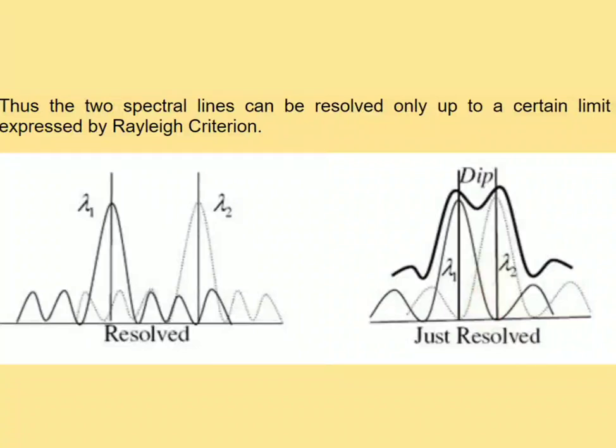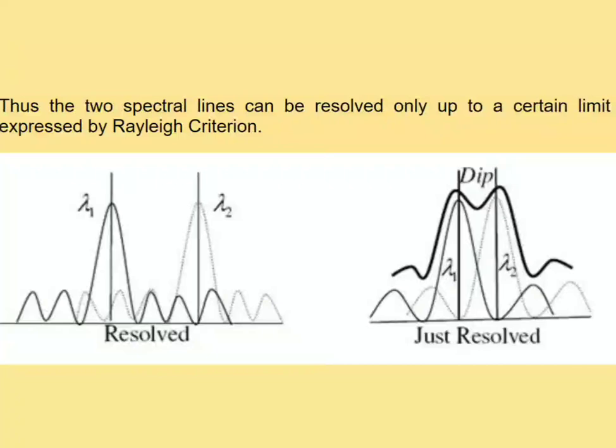Due to that, the outer spectral line gives a dip between the two spectral lines. By observing the dip, we imagine that there are two objects, which is just a confirmation.